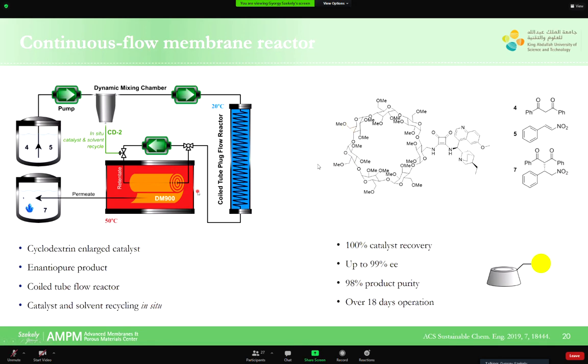So the solution to that was to increase the temperature locally in the membrane separation unit up to 50 degrees Celsius, and that allowed us to keep the product in solution and avoid any precipitation and clogging of the membrane and the reactor itself. So this is the final process that we obtained here.